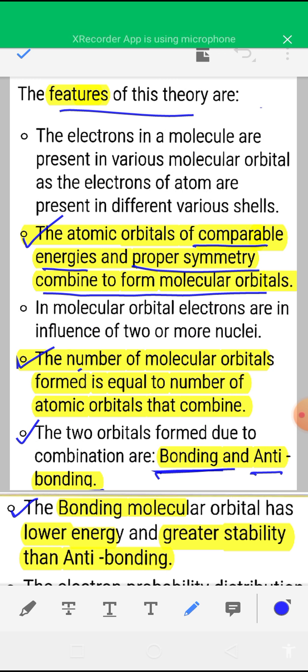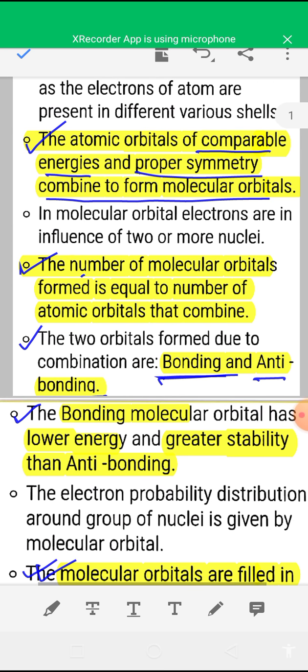If two atomic orbitals combine, you get two molecular orbitals, one bonding and the other antibonding. The bonding molecular orbital has lower energy and greater stability, and the antibonding molecular orbital has higher energy.